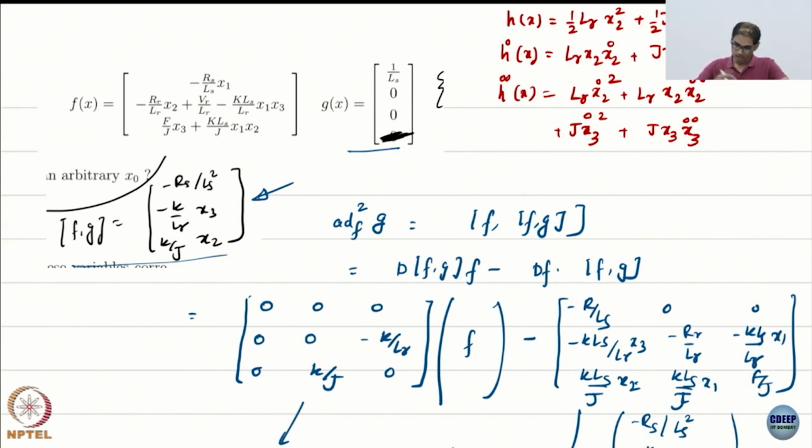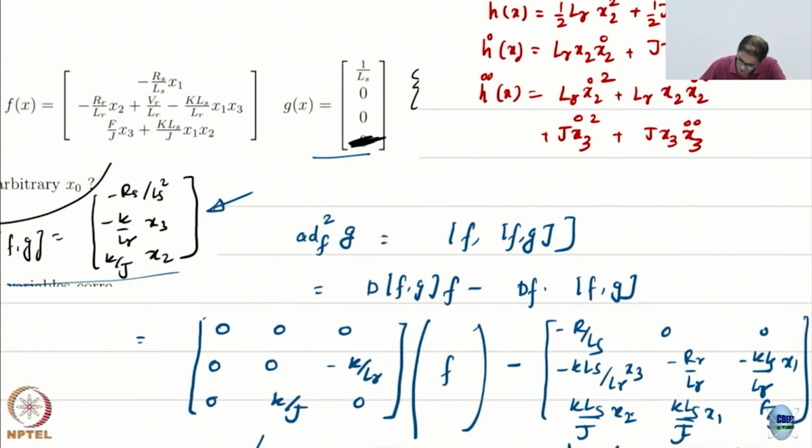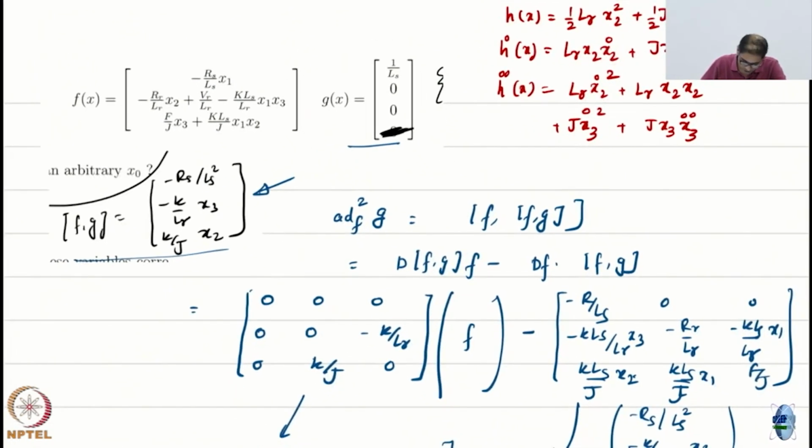Oof. This computation is so painful that I am not very keen on doing it. What is the control term? Can anybody compute it, here and here? Can somebody tell me what is the control term? Forget every other term. What will be the control term coming from this? LR x2, and in x2 double dot I have this guy, right?